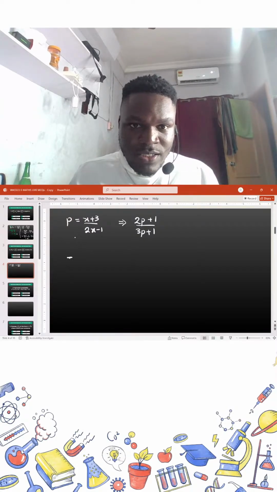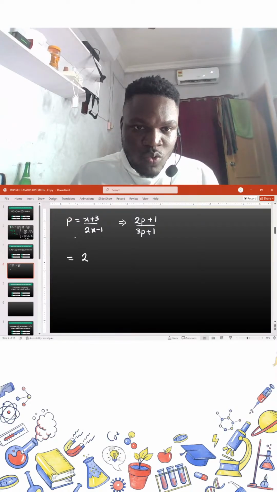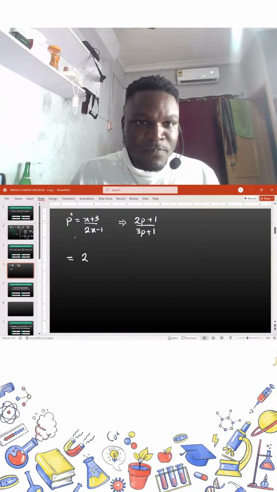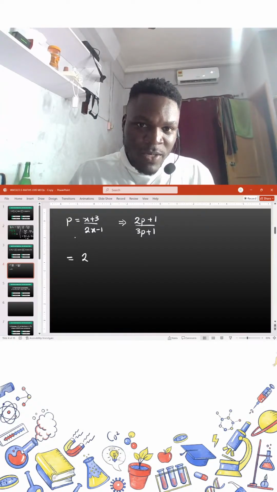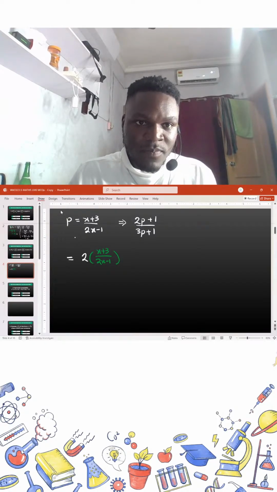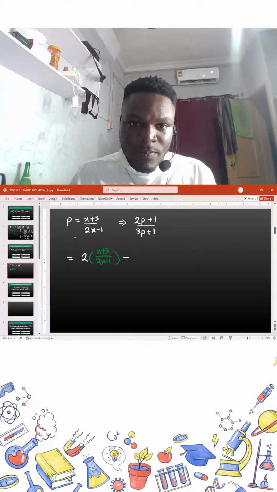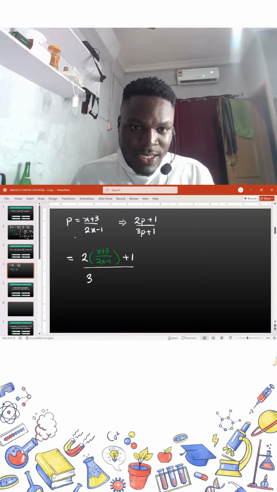Okay, so this expression will be equal to 2. Now let me use a different color to show what we have over here. So I now have the 2 over here. In place of the p, I'll put this whole expression, x plus 3 over 2x minus 1. Are we okay? Then I have my plus 1 over here at the top, then all divided by 3.